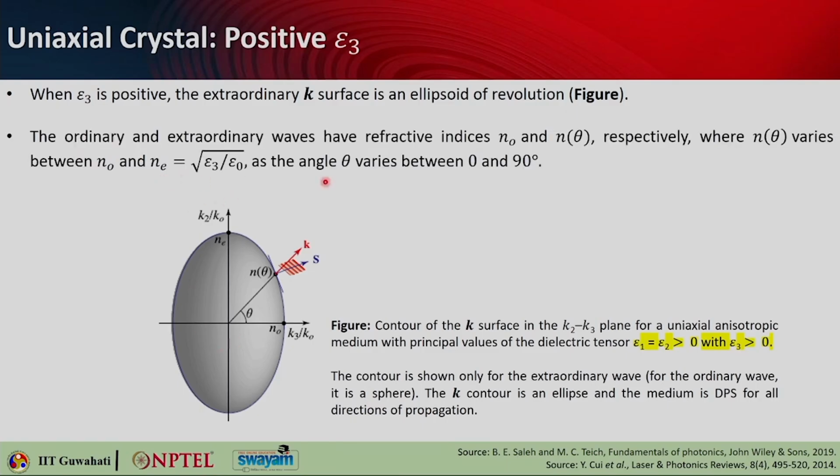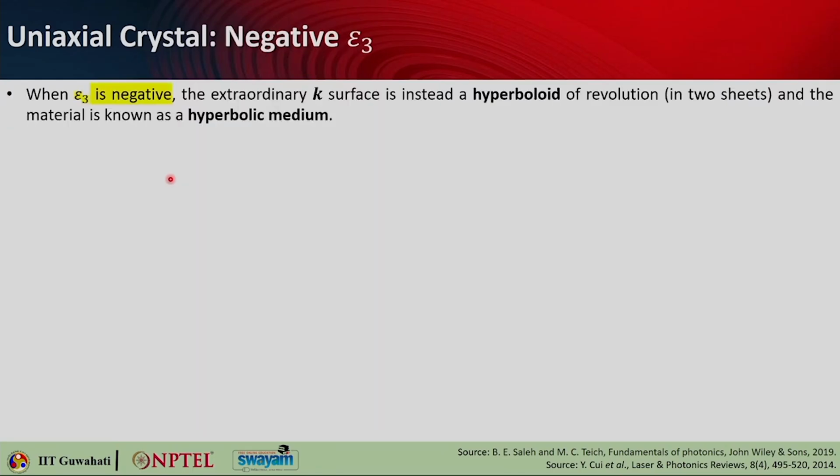We have already seen that NO is the ordinary index, and NE is given as square root of epsilon 3 over epsilon naught. So n theta can vary between NO and NE when the angle theta is changing from 0 to 90 degree, and epsilon 3 is positive here, so NE is always positive. That makes it a DPS medium.